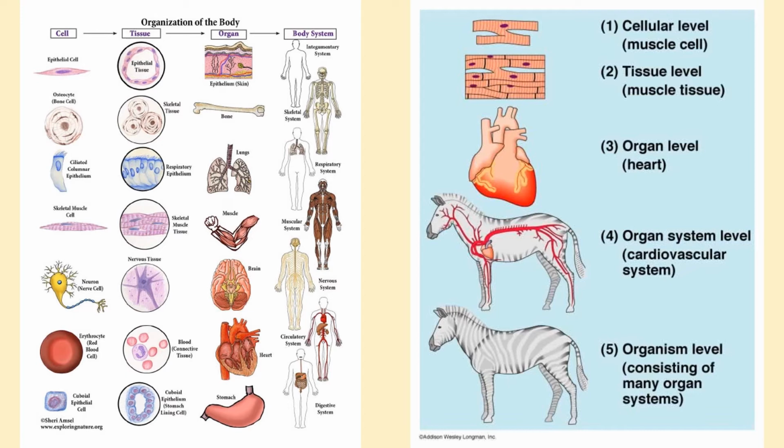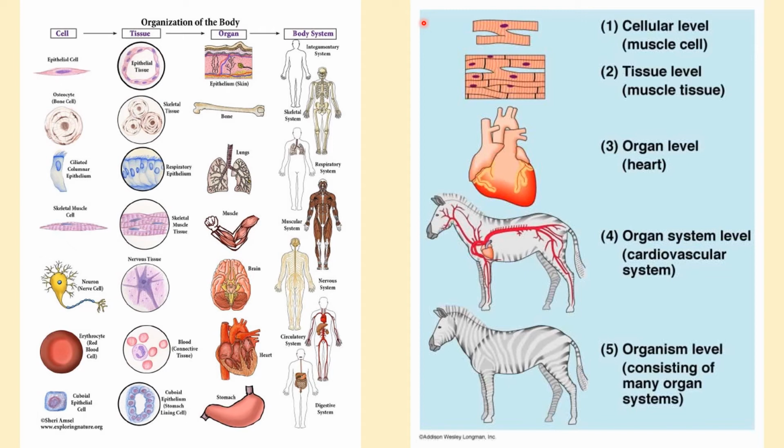Here are some other examples of organ systems. You don't need to know the names of all of these, but just for interest, there's the different organ systems of the human body, and other animals are also made up of cells, tissues, organs and organ systems.